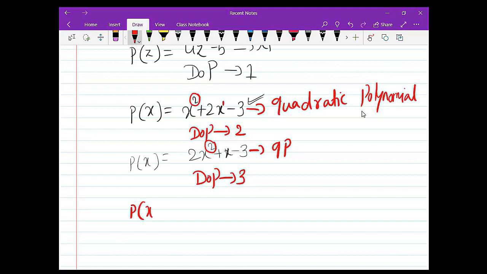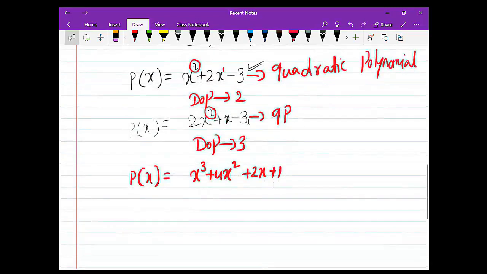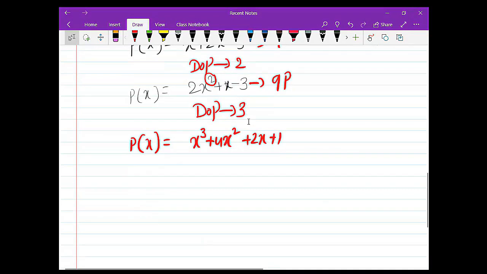Say again, p of x is equal to x cube plus 4x square plus 2x plus 1. So now, for your understanding of whatever you have learned about the degree of the polynomial, tell me what is the degree of this polynomial?